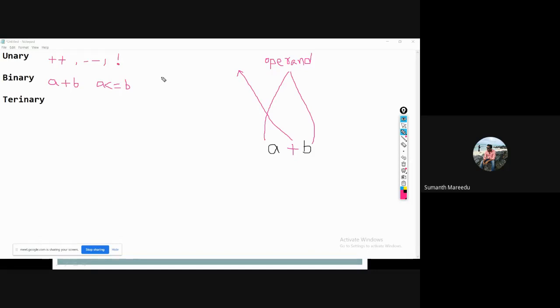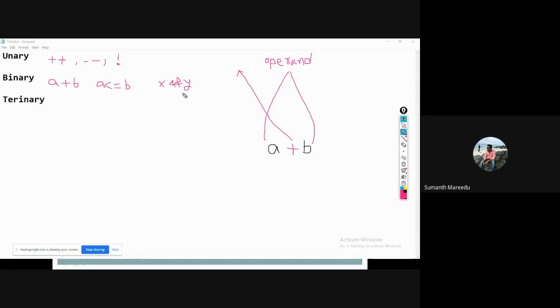Whereas for logical AND, we write X and Y, again a binary operator. So to perform one operation, you require two operands.